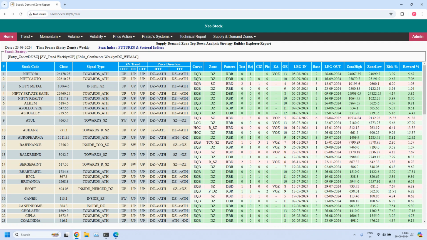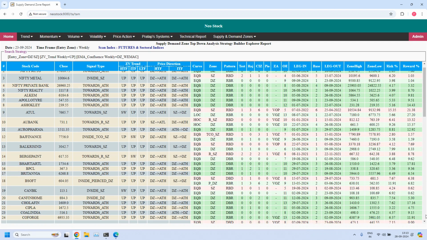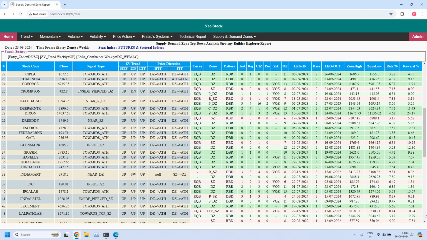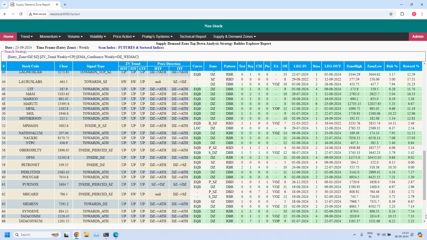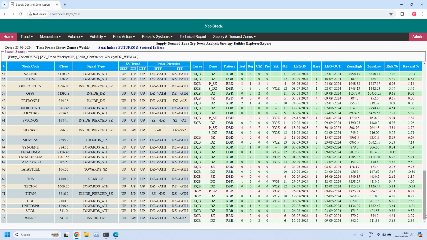We have a very big list, but for reference purposes let me scroll the list down. After that we will add one more, swing high-low trend also uptrend, and then we will further filter. All these stocks are having EMA confluence, and also zone violation trend is uptrend. Total 75 stocks out of 187 list.